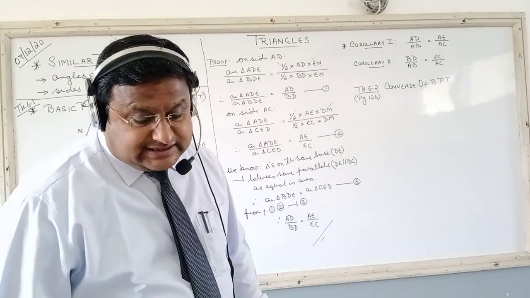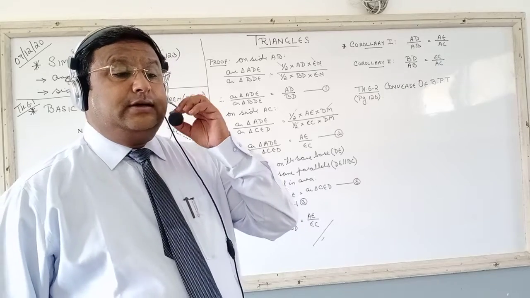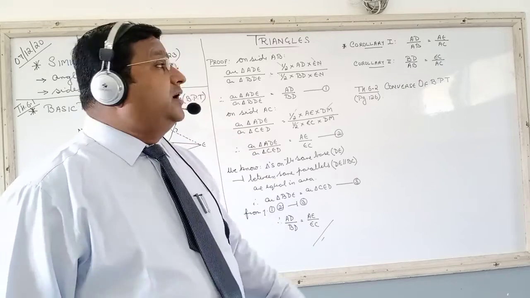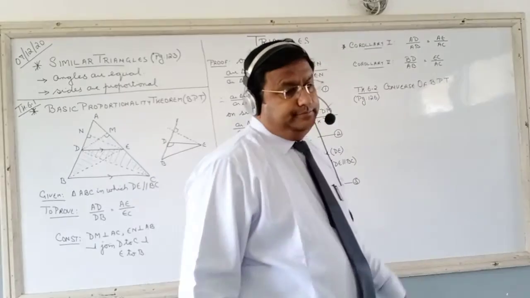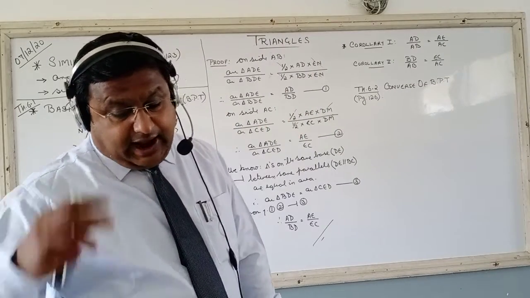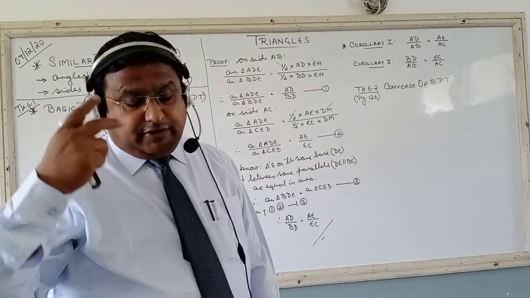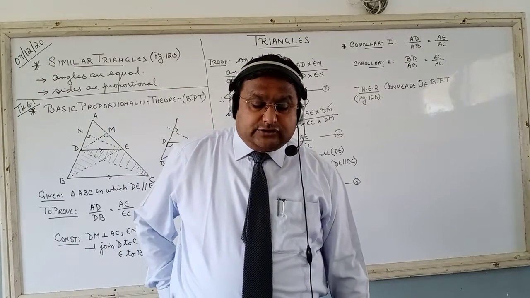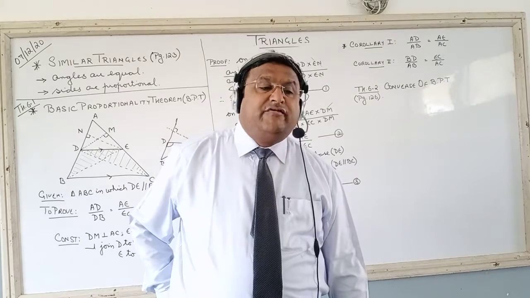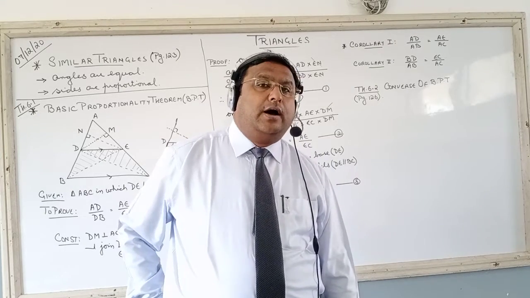Okay. Now, the second question is about the converse of BPT. It says E and F are points on the sides PQ and PR respectively of a triangle PQR. For each of the following cases, state whether EF is parallel to QR.